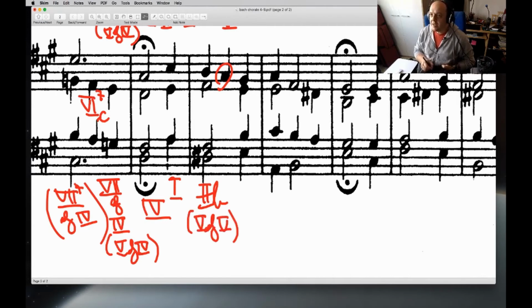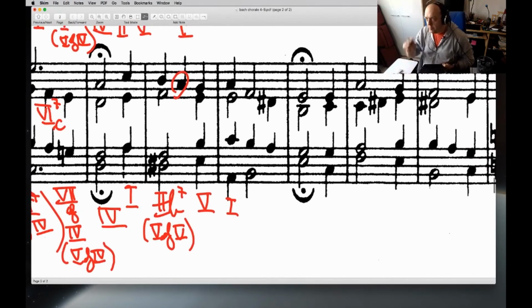I'm gonna put just the 7 there, and this is 5, so it behaves as expected. The 7 drops, 5 goes to 1. Nice strong root movement.